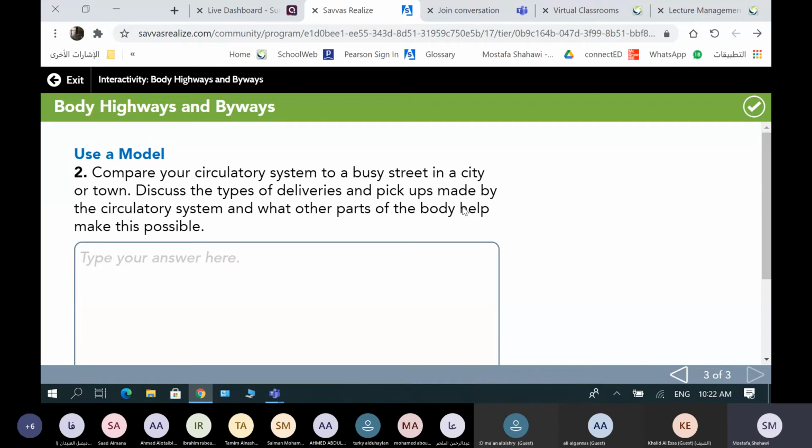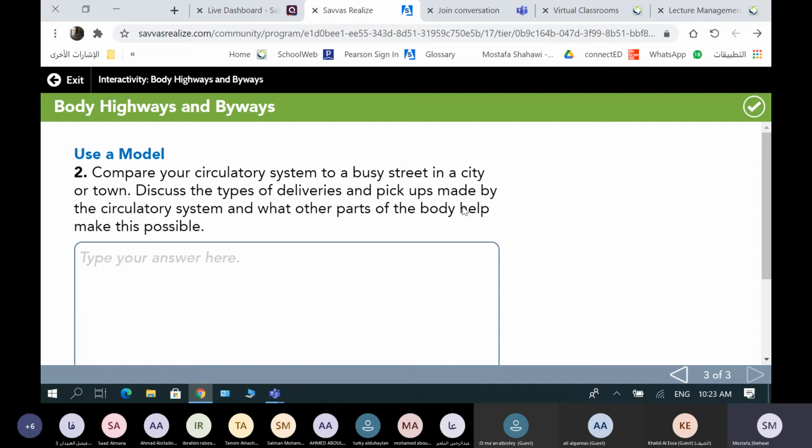The tiniest part of the blood vessel is called capillaries. In capillaries, the exchange occurs between what? Between the blood vessel and the cell. They will deliver oxygen and nutrients and take away carbon dioxide and wastes from the cells.